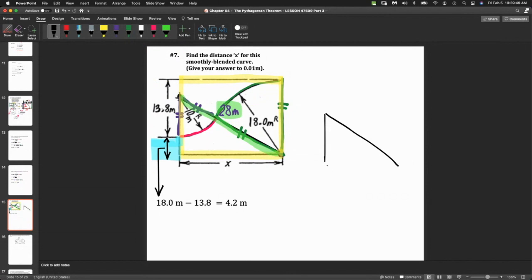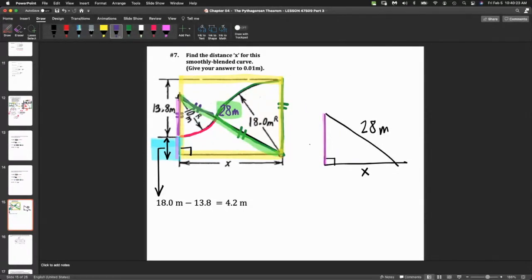So let's draw that triangle, because we're almost in the home stretch to do this question. There's the right angle. This is x. This is 28, in meters. One more thing and we are ready to go. Here we go. I'm going to get the magenta color out for this one. This plus this gives you this.